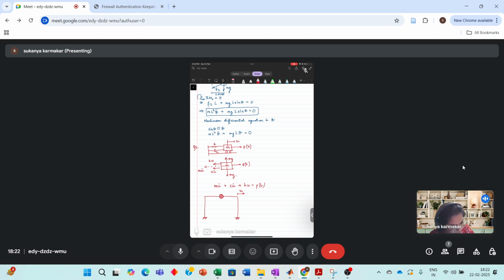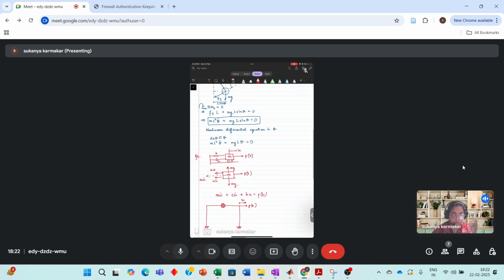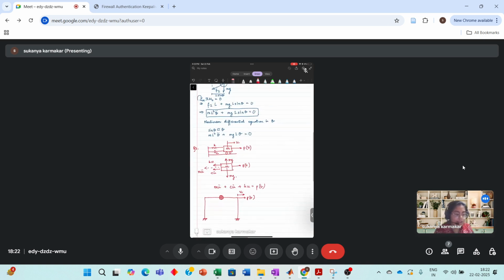And you are applying a force p of t at this level. I want you to develop the equation of motion for this system. You have the stiffness, let's say the total stiffness provided in this frame will be because of the two columns, and let's say the equivalent stiffness is k.